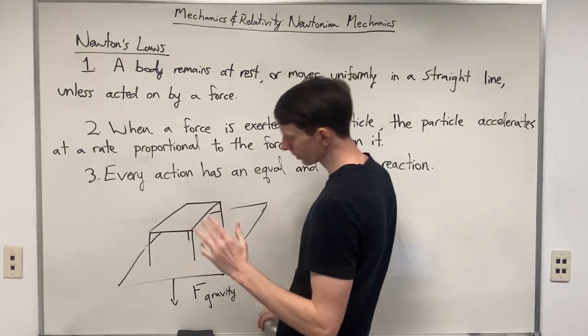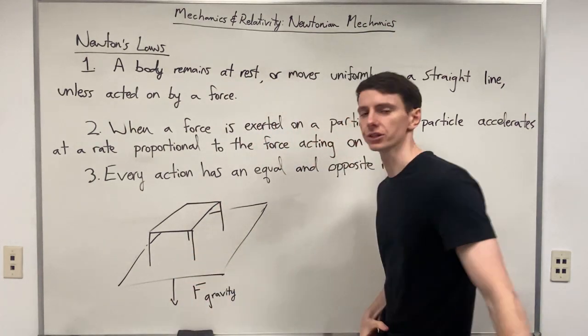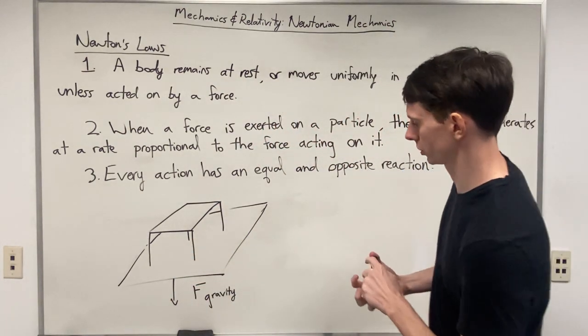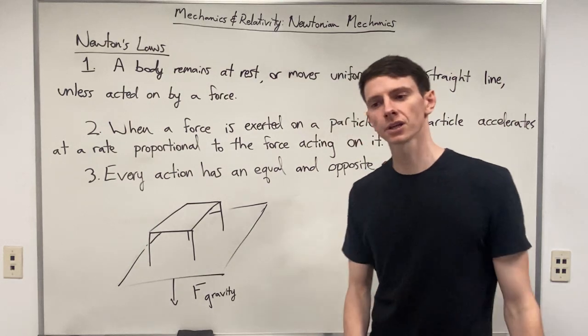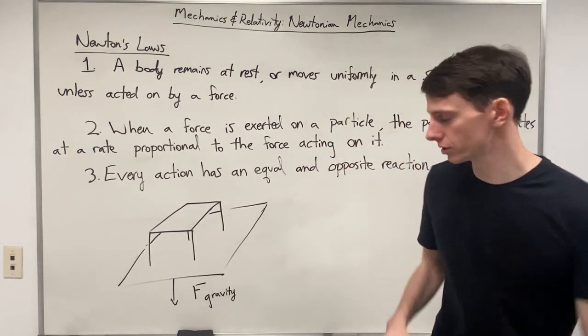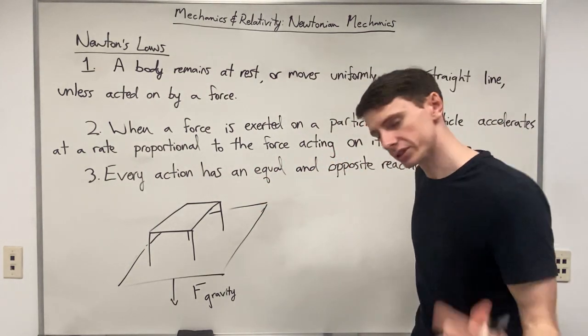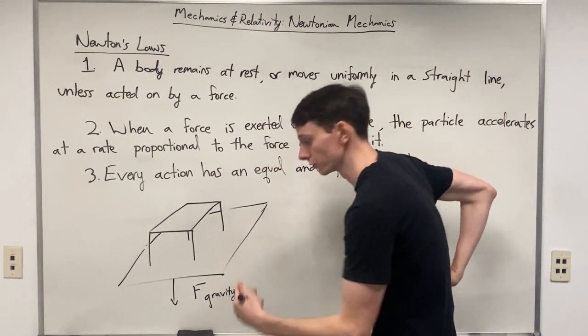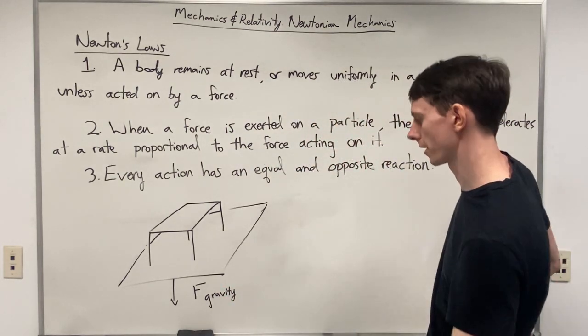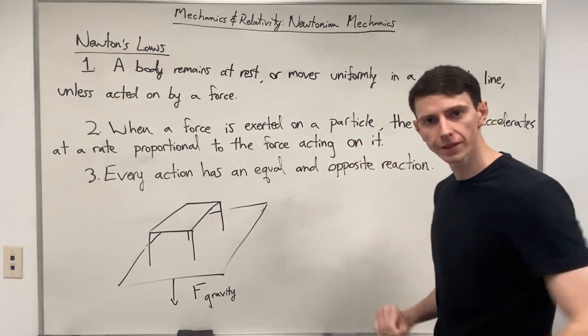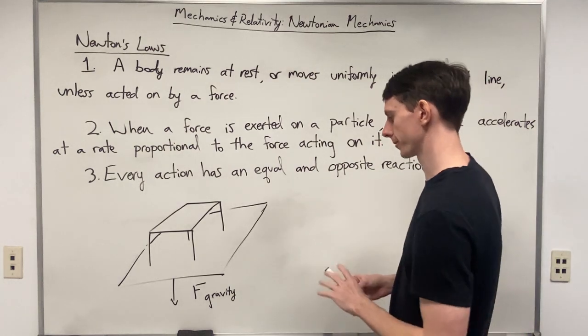And for now, we're not going to worry about any of the details in how you would calculate this force. So we're not going to look at how strong it is, or what the components are that go into the force. All we're saying is that there's some force and gravity is responsible for that force. Okay. So hopefully that makes sense. That's the first part of this picture here.